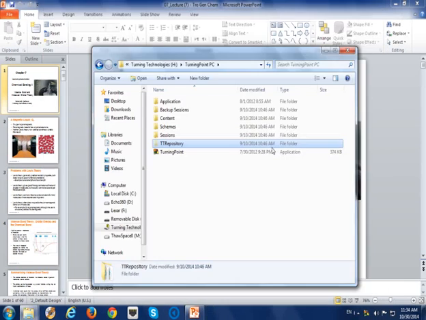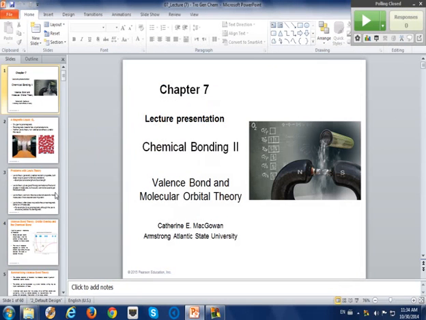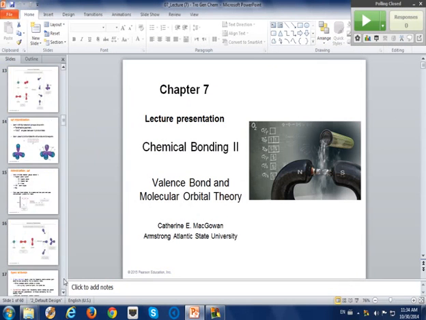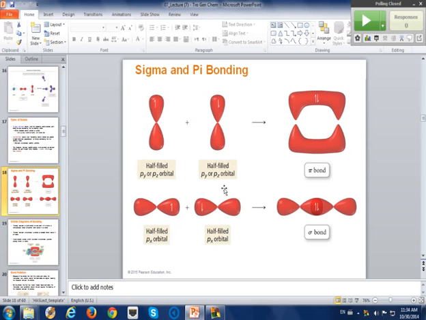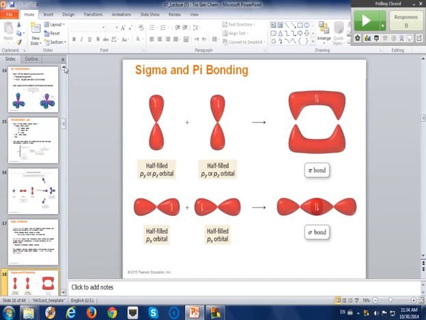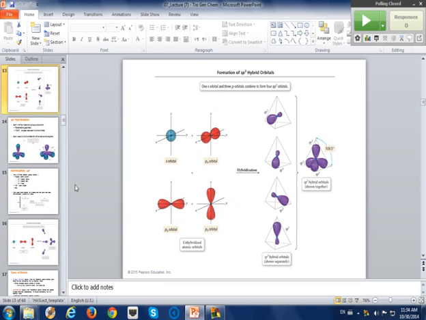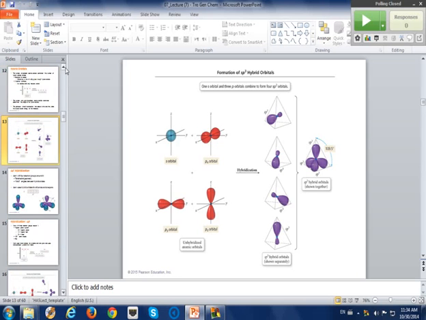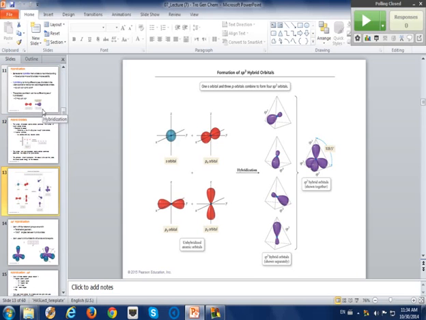Okay, today we're going to continue to talk about Chapter 7. The last time we looked at the valence bond theory, and we were considering the hybridization of the different orbitals in conjunction with the valence bond theory in order to account for bonding in some of the main group elements.